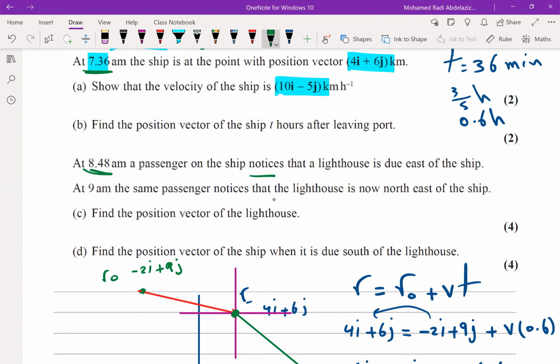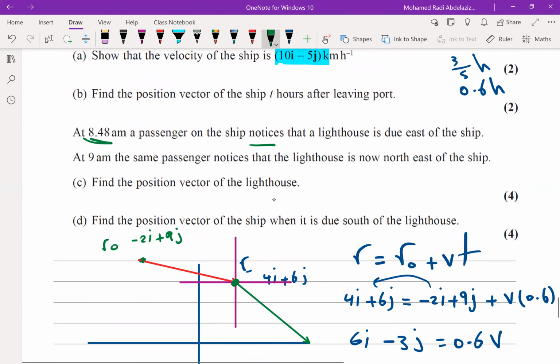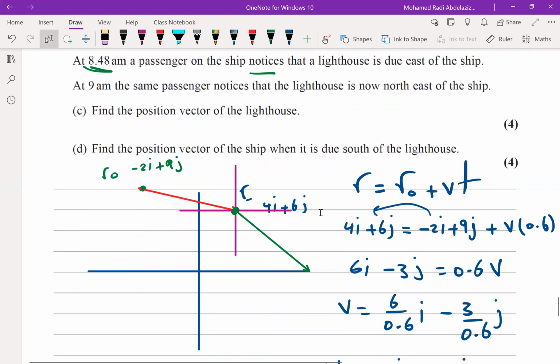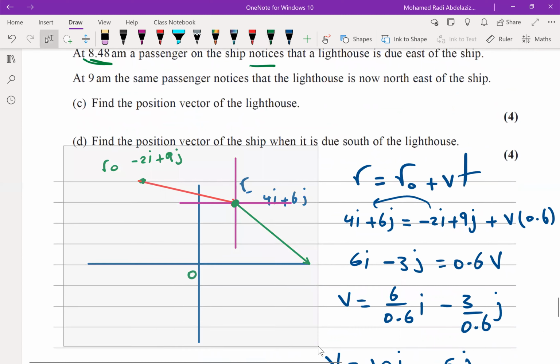When he noticed that the lighthouse is due east, if this is the original point, it will be in this direction. Let me shift this part down to explain.